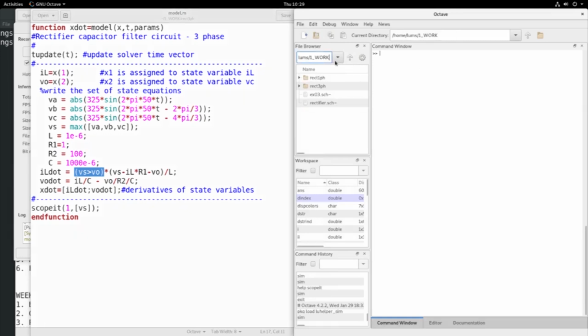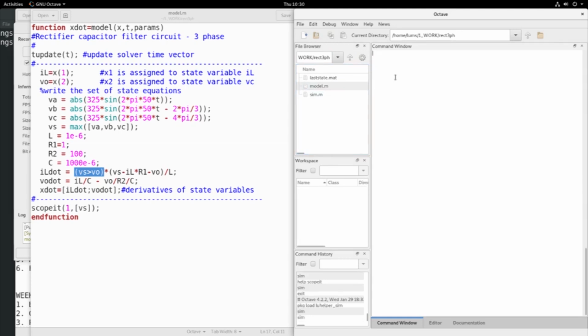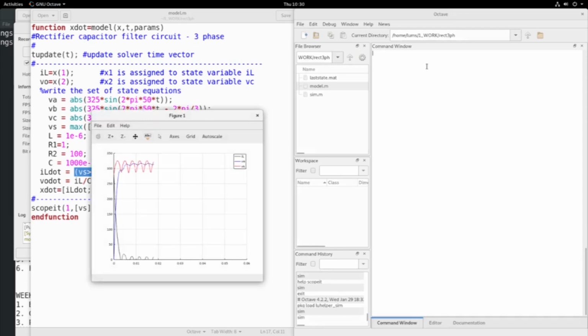So this is a three-phase circuit, and we can see the waveforms. Let me go to the three-phase circuit, and I will run this sim file to execute the simulation. Sim. As you see here, the ripple is reduced because it is six times the frequency of the fundamental, and thereby you see a much reduced, improved ripple.